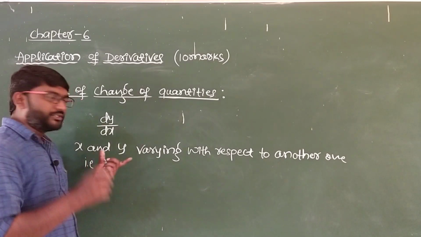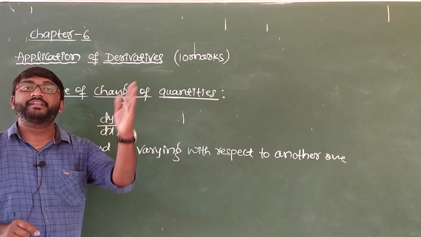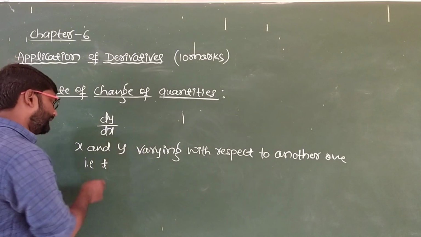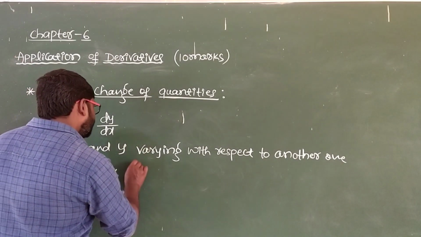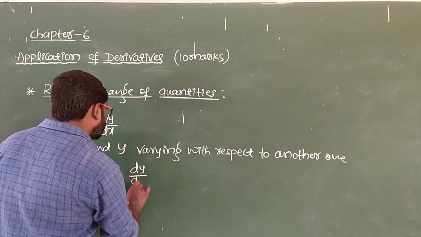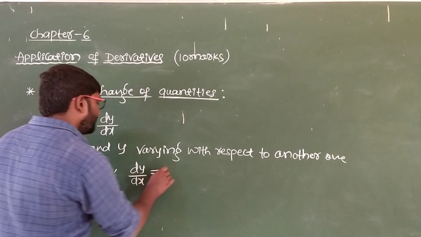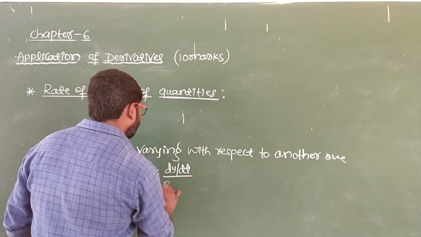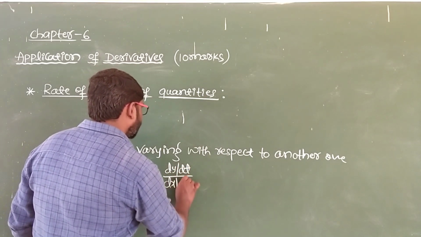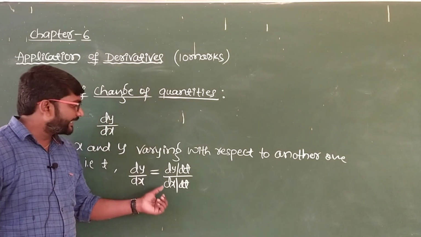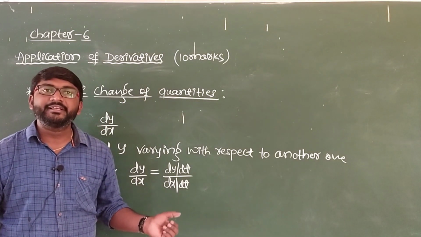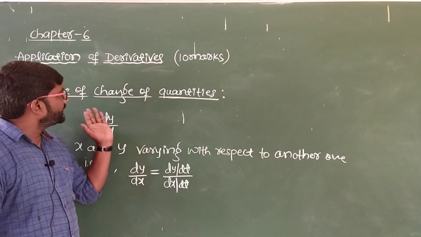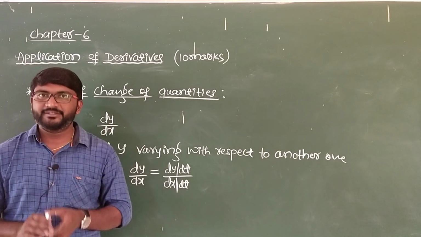Here the two variables x and y are varying with respect to the third parameter, that is t. In that case we write dy by dx equals dy by dt whole divided by dx by dt. This is how we find the rate of change of the quantity with respect to the parameter. So this is all about the concept of rate of change of quantities.